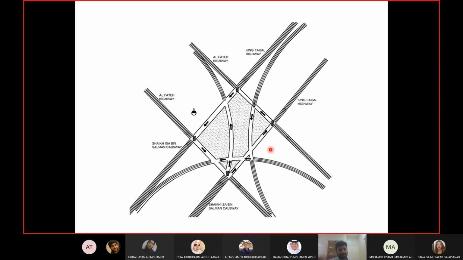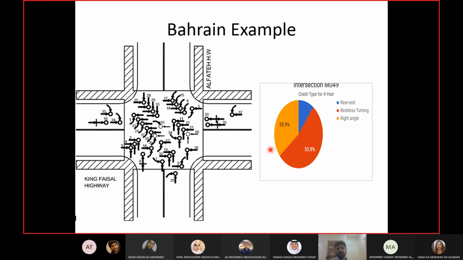So you decide earlier whether you want to stop or not, and in that case, clearance time may not be required. This is what we can do. We play with the geometry of the intersection, make it narrower, or you can increase the clearance time. Then reckless turning. Reckless turning is, as I said, other angle crashes. Now you can see these are other angle crashes.